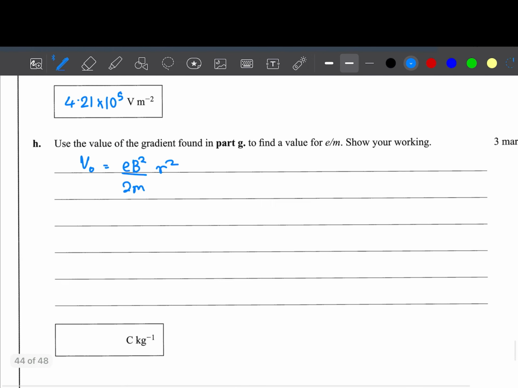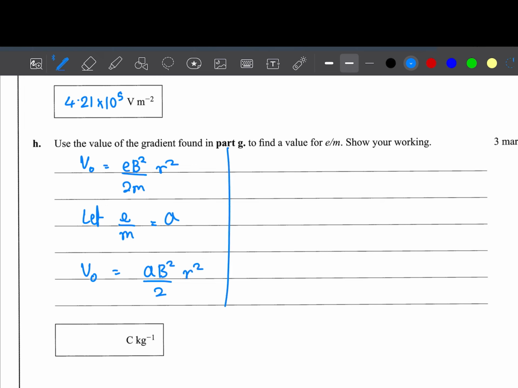Okay, so we just have to solve for e on m. What I can basically do is let e on m equal A. So V equals AB squared R squared on 2. So now we just have to make A the subject of the equation. So A is going to be 2V0 on B squared R squared.